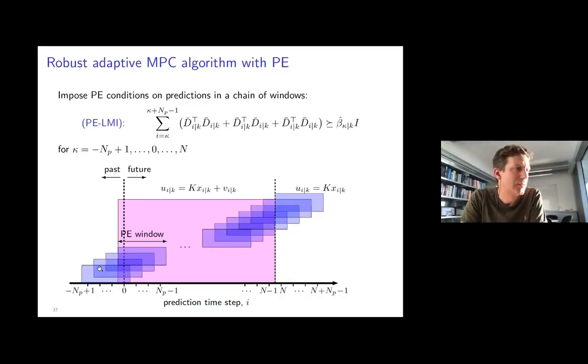So this earliest window extends into the past and contains a single time step, which depends on the current control. Then the idea is that by having this sequence of windows, we can guarantee that the properties of persistence of excitation, which hold for the terminal feedback law, are actually propagated back through each of these windows and applied to the closed loop system.